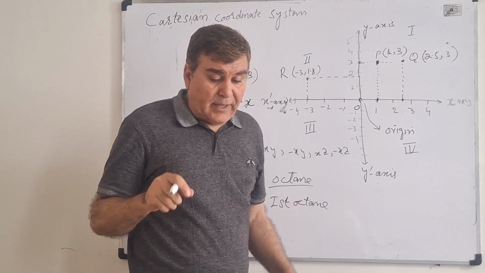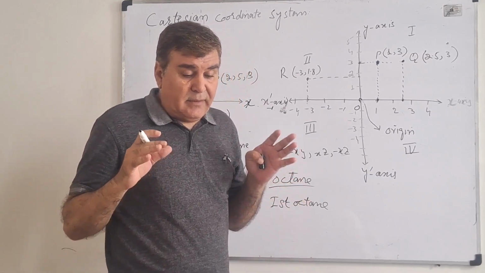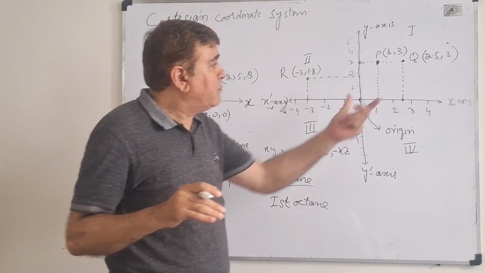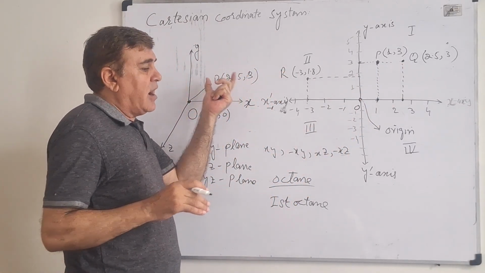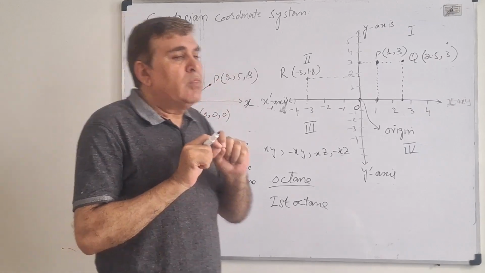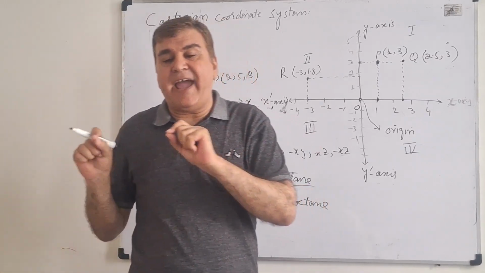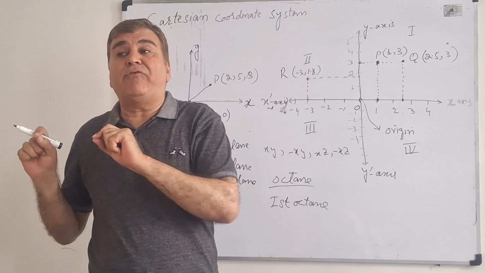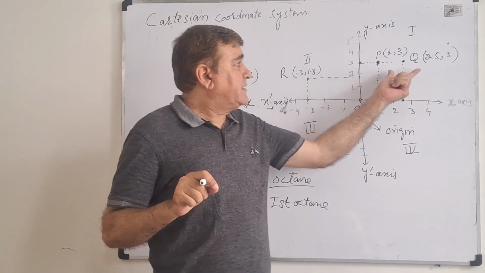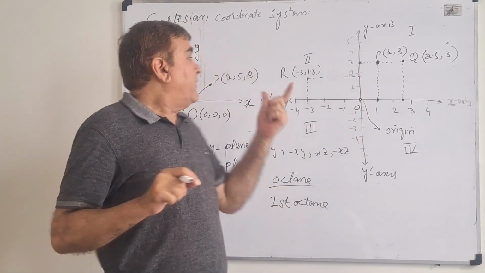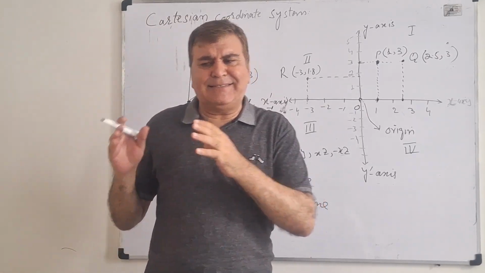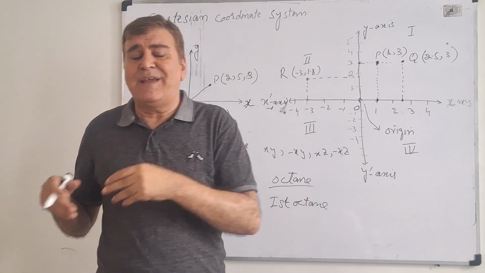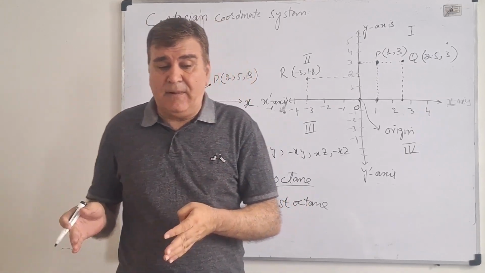And remember, the pair of numbers in 2-space and the triple of numbers in 3-space are unique for every point. No two points would have the same numbers, all the 2 numbers in this case, or all the 3 numbers in 3-space. So every point has a distinct set of numbers, a pair or a triple.